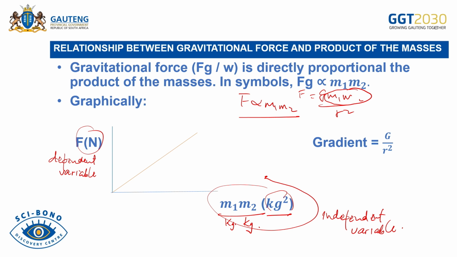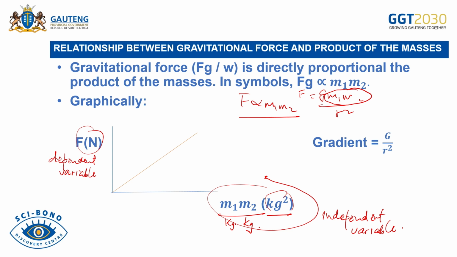So this graph shows direct proportionality between F and the product of the masses. If the product of the masses increases, gravitational force also increases with the same factor. In this graph, they can ask you to give them the variables. Your dependent variable is always along the vertical axis.